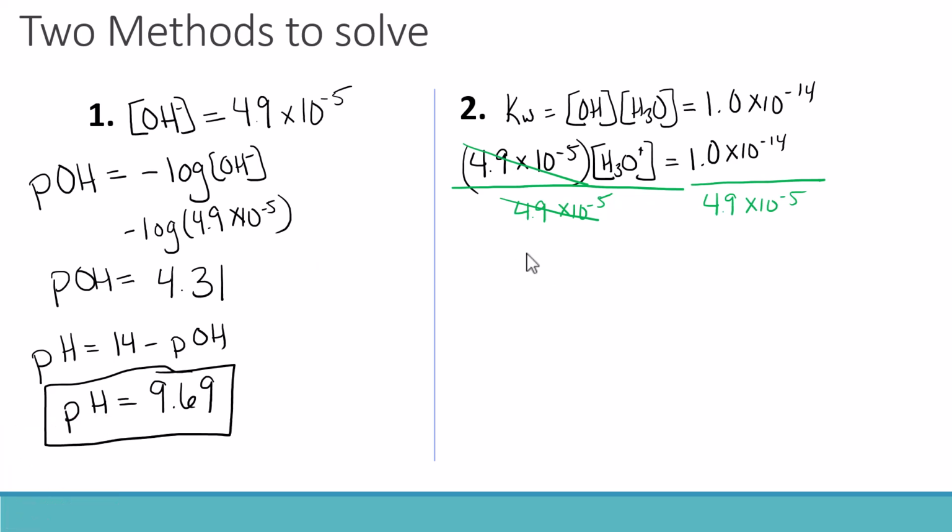We get hydronium concentration is 2.04 times 10 to the negative 10th.